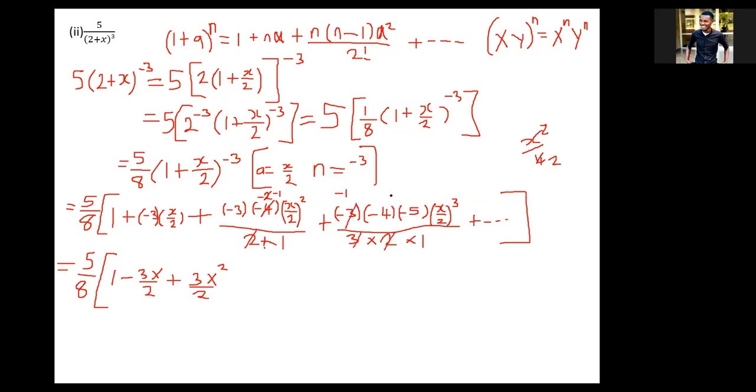This 2 cancels with 1, 2 there. You get your negative 2 there. And then we have 8 here. This thing raised to power 3, you're going to get x to the power 3, and then everything over 8.